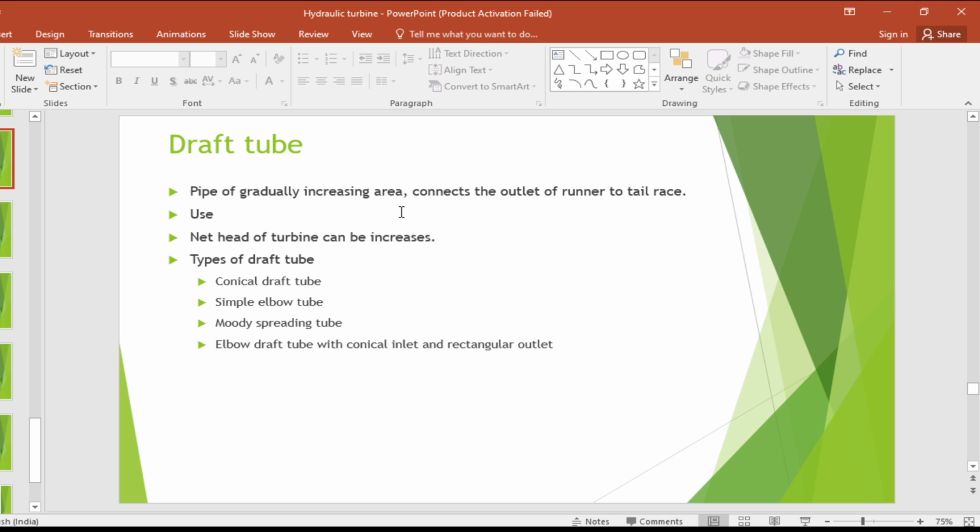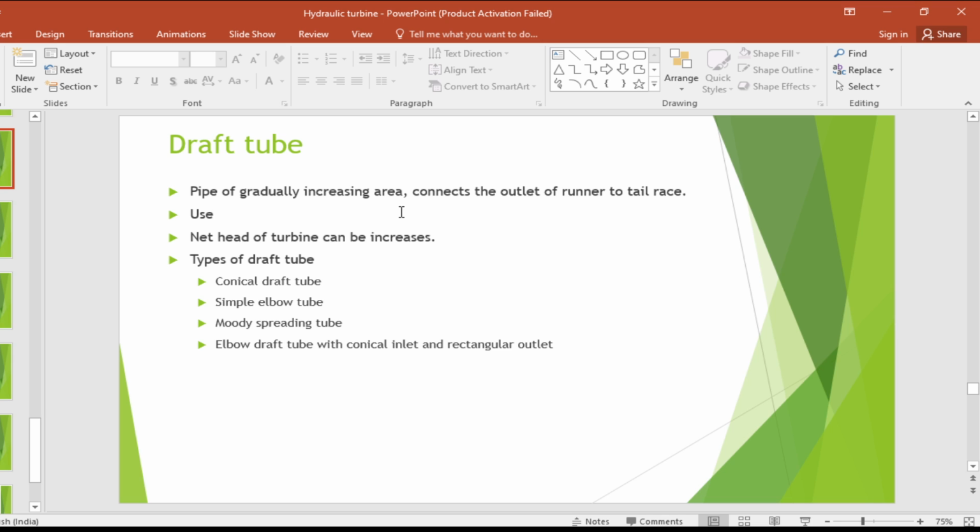And the second one is, it converts a large proportion of kinetic energy which is rejected at the outlet of turbine into useful pressure energy. That means the draft tube is very useful for converting a large proportion of rejected kinetic energy into useful pressure energy.